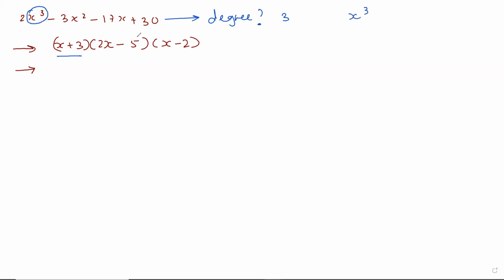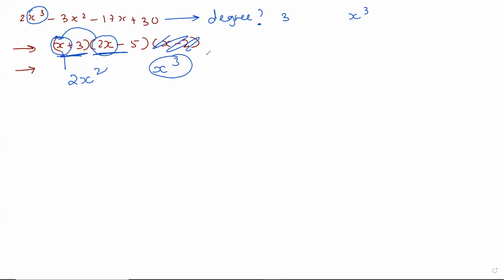Now, if I only have these two and I don't have this, and I open the brackets, I'm going to have a term which is 2x square, but you're not going to get any x cube term, because you're not multiplying x with itself thrice, you're multiplying it only twice.